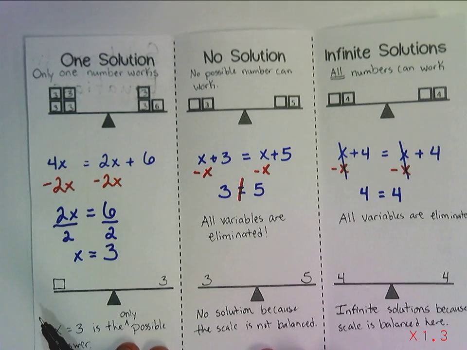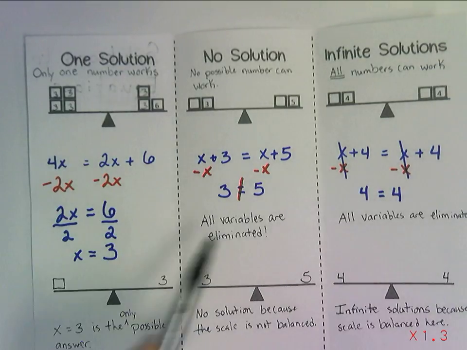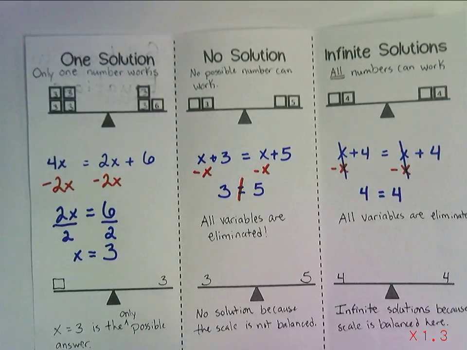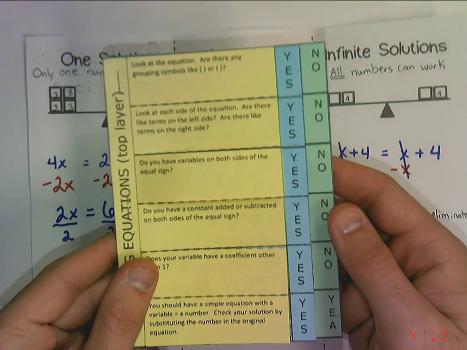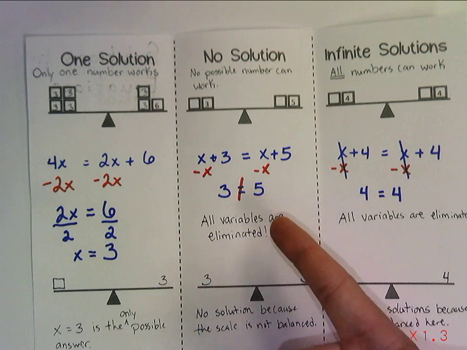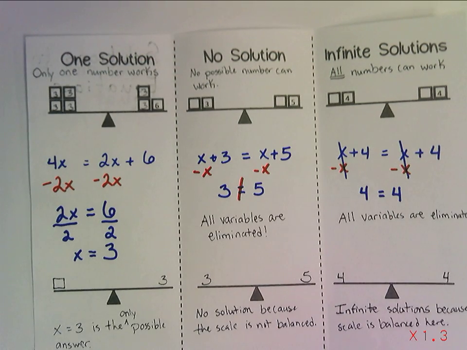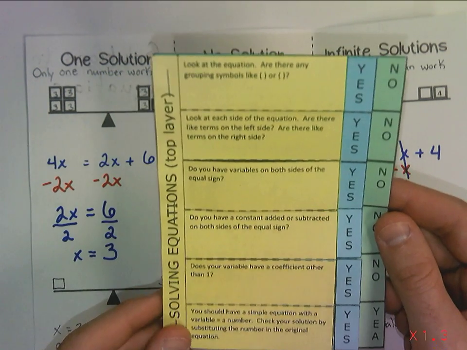Now the 3 equations that I have set up are fairly simple, fairly easy to work through. They can definitely vary in complexity, so be prepared to work through your foldable. Some are going to be a lot easier than others to spot, whether it's one solution, no solution, or infinite solutions. Remember, just take your time, slow down, work through this foldable, as this will be a great help to you.